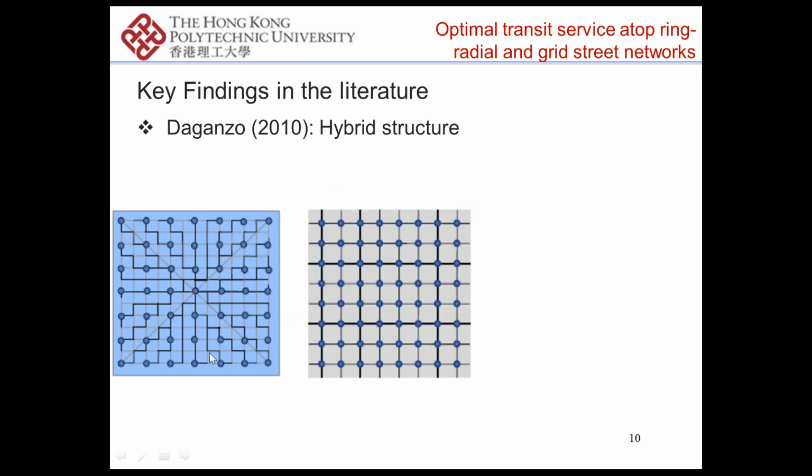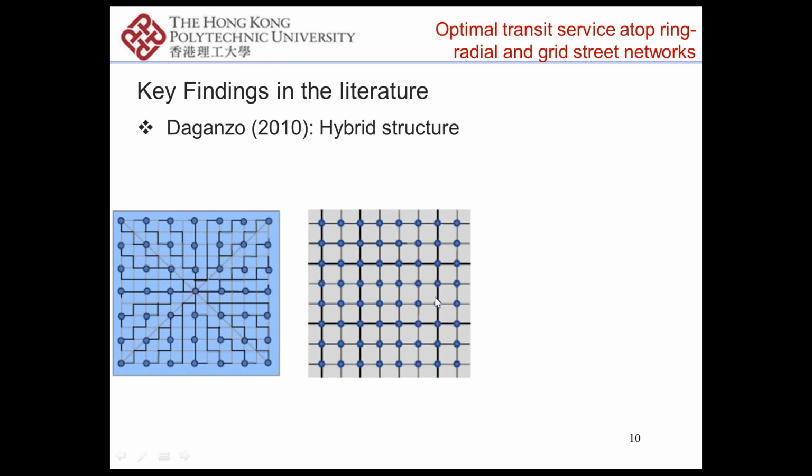And you can easily see that for the first radial network, you will invest less to the transit infrastructure because the total infrastructure length is less. However, some trips might involve a lot of detours because most of the trips will transfer at the city center and take another line.